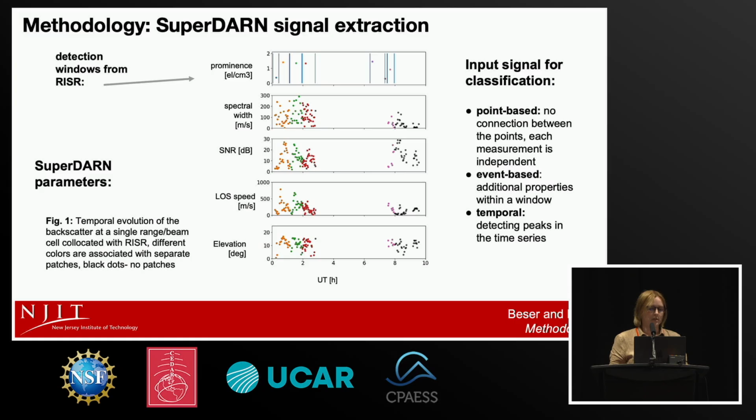And the last one is the temporal evolution. If we assume that as a patch propagates across our field of view it introduces additional signal-to-noise ratio, we can track these peaks in the time series. This was the third approach that we tested.